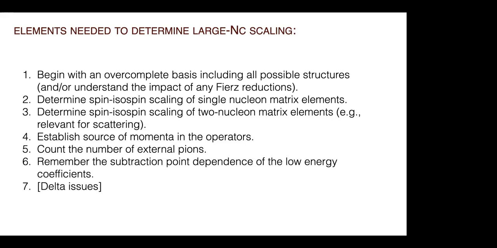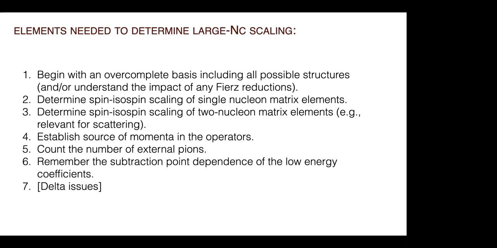The tools we'll talk about are directly related just to nucleons, because it's the nucleons that have such an interesting change in character when the number of colors changes. From there, we go to nucleon-nucleon, as a scattering or an interaction involving an external current, for example. That's where we go from the single nucleon matrix element counting to the counting in NC of the two nucleon matrix elements.